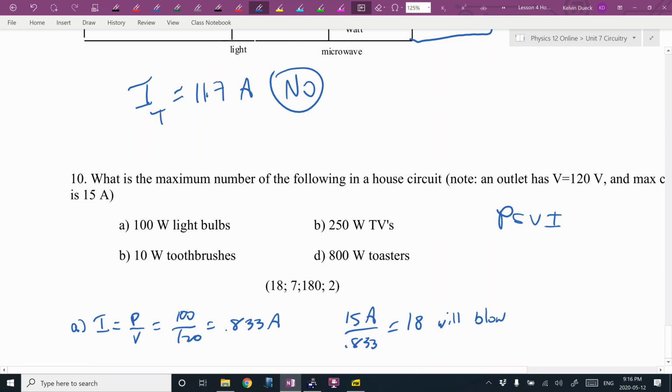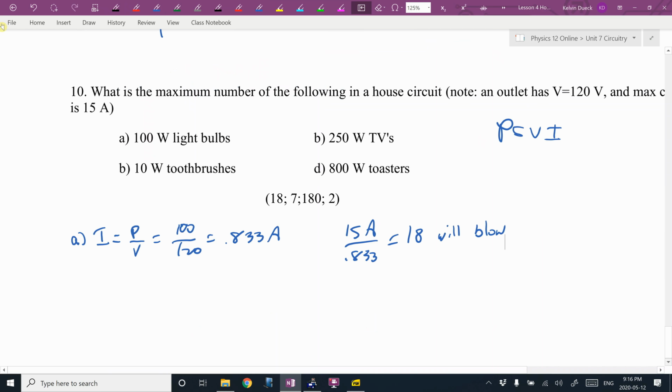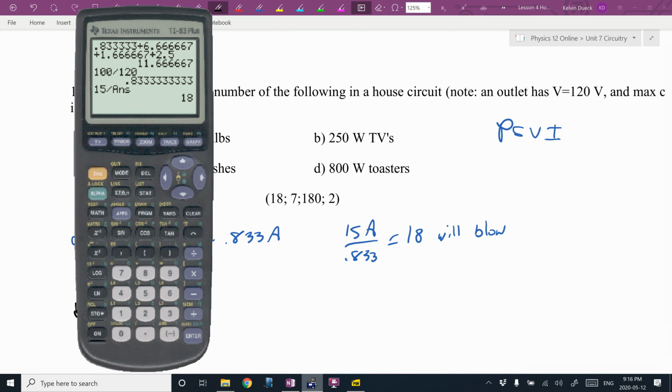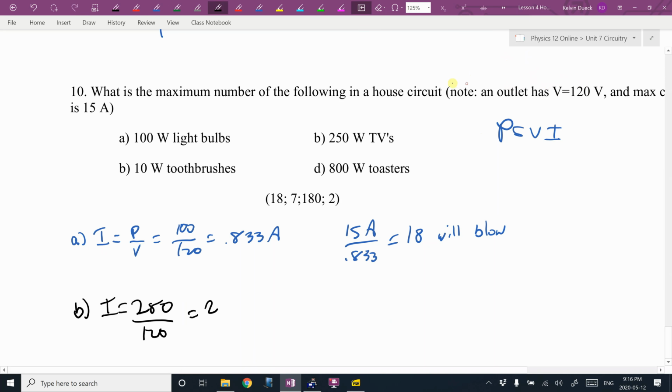technically 17 bulbs is what you can handle. How many 250-watt TVs? Ooh, good question. I is going to be 250 divided by 120, 2.083 repeating.